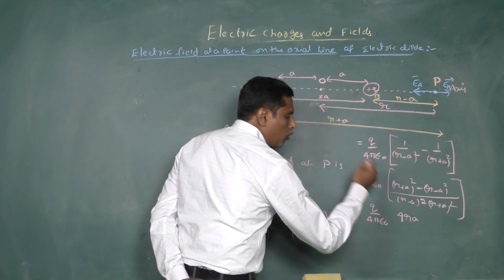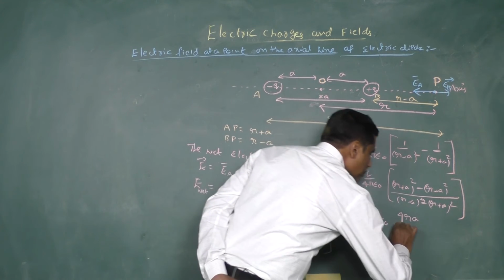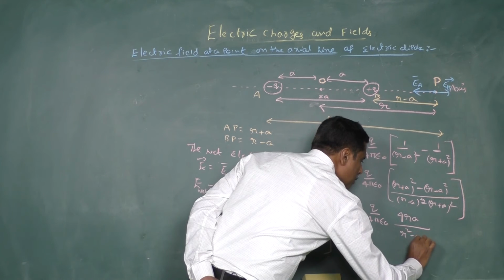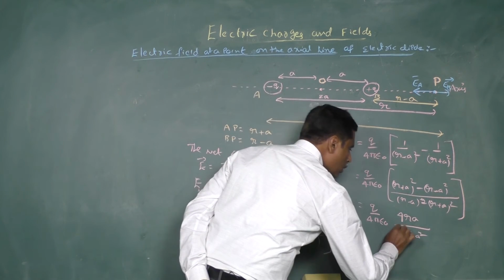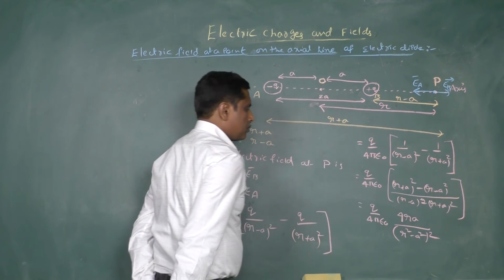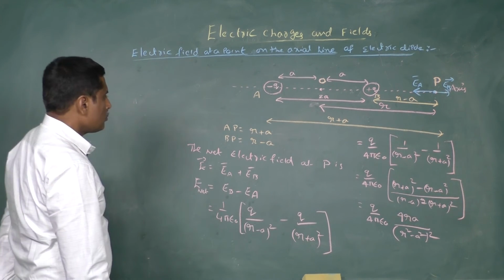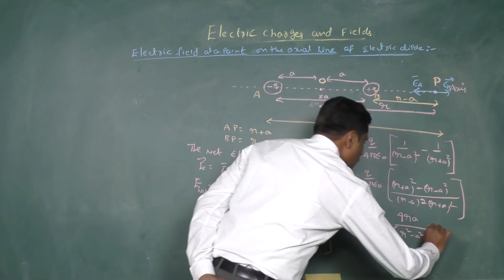Finally, you can get 4RA by, here you can write this is taken as (R square minus A square) whole square.